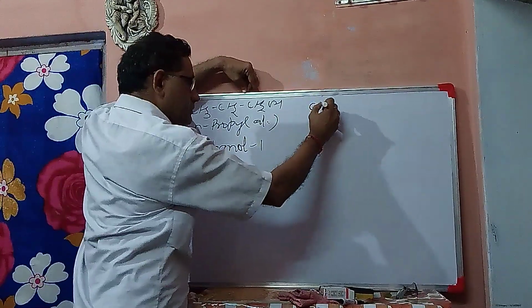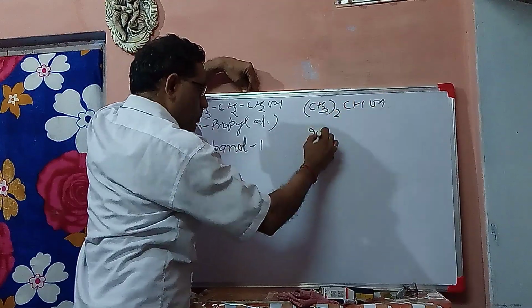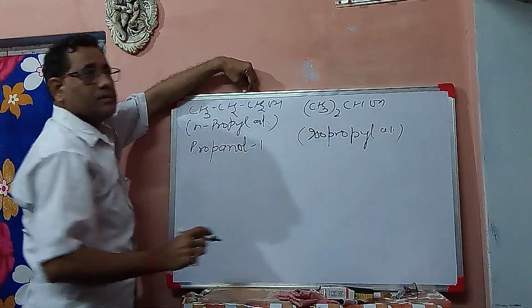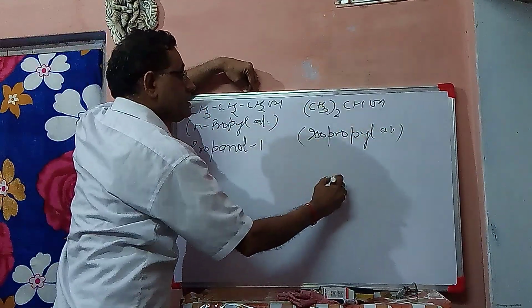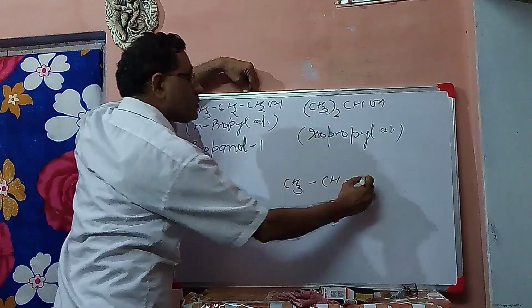Second example is (CH3)2CHOH. Its general name is isopropyl alcohol. You open the chain. There is CH connected with the 2 methyl groups in this way.